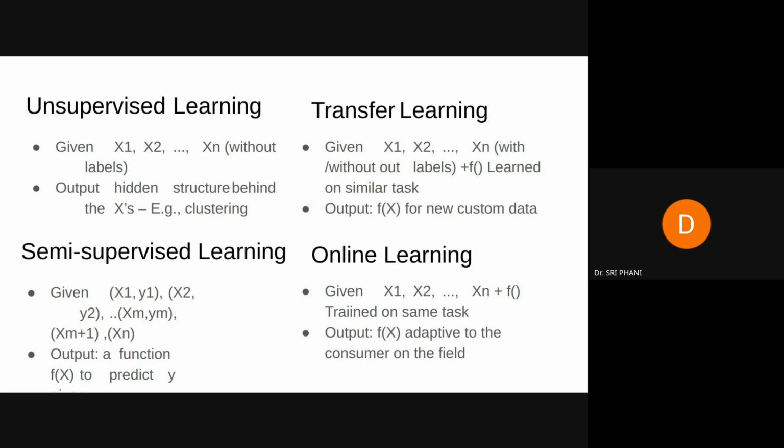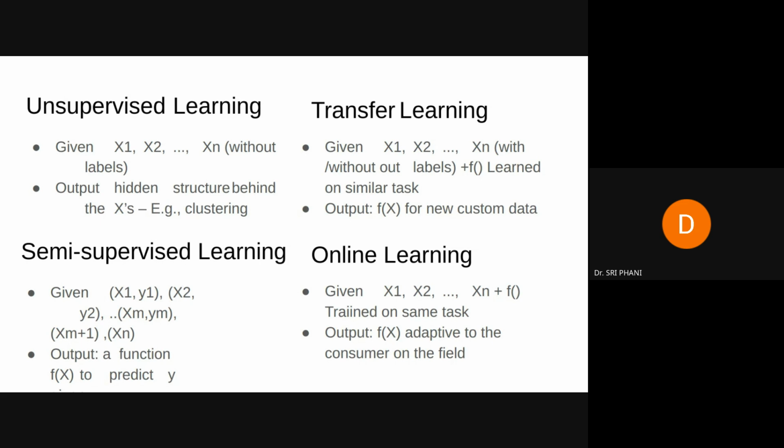Online learning is like this: you have a model trained on a particular data set, and you deployed that model. After some time, the company will be getting new data, and you want to update the model parameters based upon the flow of new data. That updating of the model parameters with the help of new data is termed online learning.